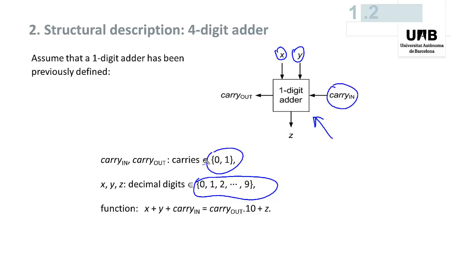This component computes x plus y plus carry in, whose maximum value is 9 plus 9 plus 1, that is 19, so that the result of this computation is a 2-digit number, and the result will be expressed with 2 output signals: carry out, equal to 0 or 1, corresponding to the most significant digit of the result, and z, that may be any value between 0 and 9.